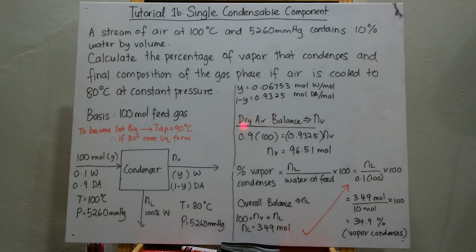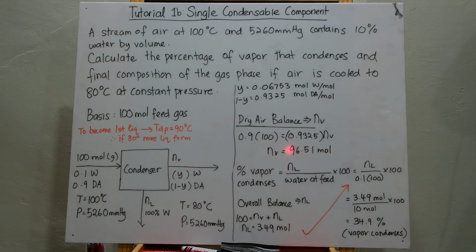Dry air balance. If we do a dry air balance, we will obtain the number of moles of the outlet vapor here. Because dry air is only involved in two lines, the feed line and the outlet gas line, 0.9 times 100 is equivalent to the mole fraction here times NV, then you get NV, this mole is 96.51.